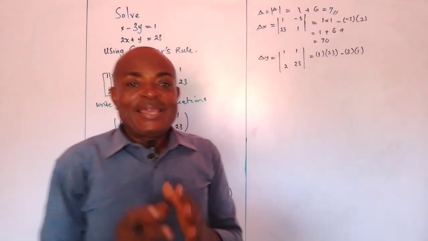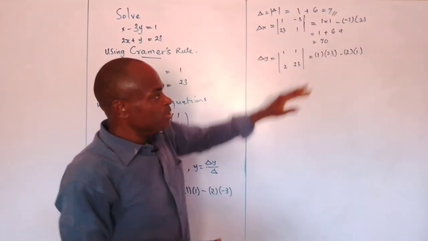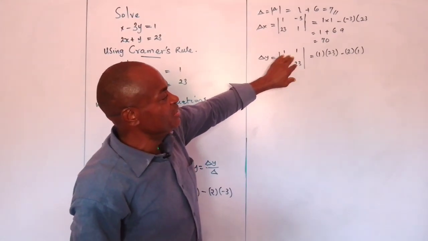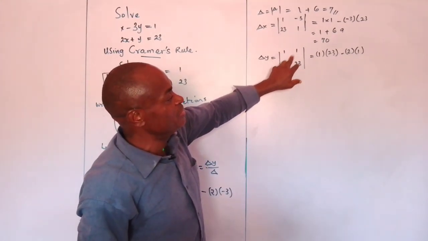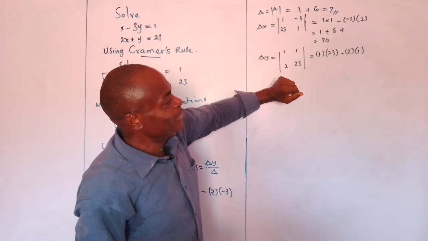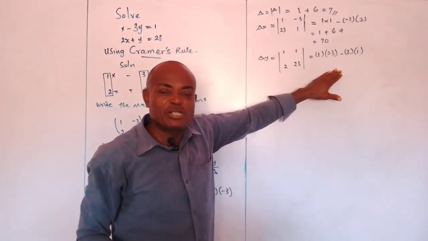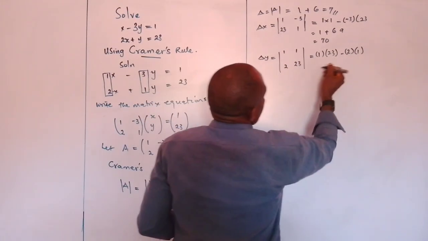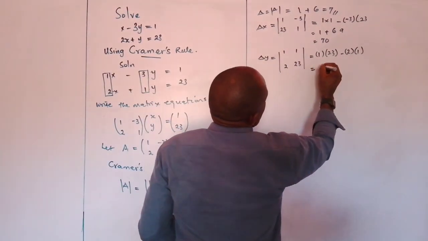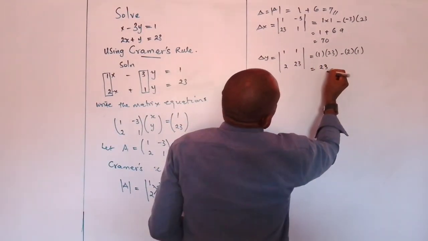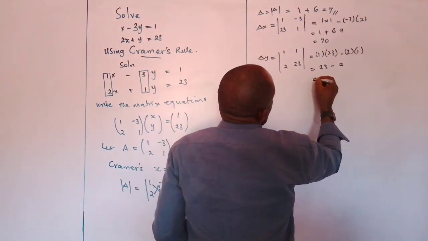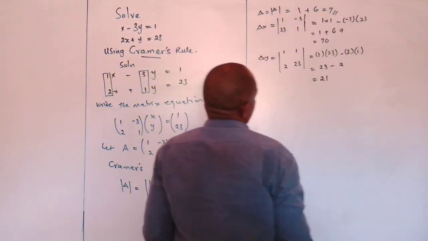If you get used to it, it will not be a headache, finding the difference of the multiplication of the different diagonals. So understudy it patiently, and you get used to the trend. The result is 23 minus 2, which gives us 21.